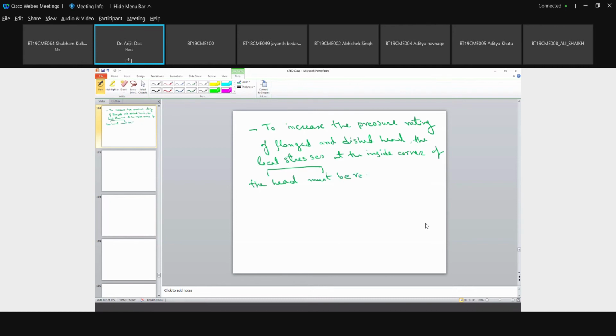So it must be reduced because there is a sudden change in the direction. Pressure was applying like this, but here there is a sudden change in the direction.